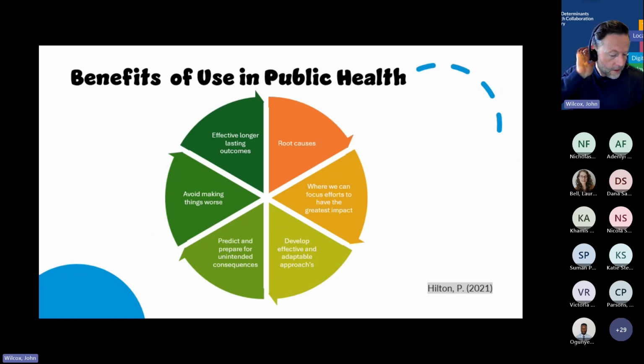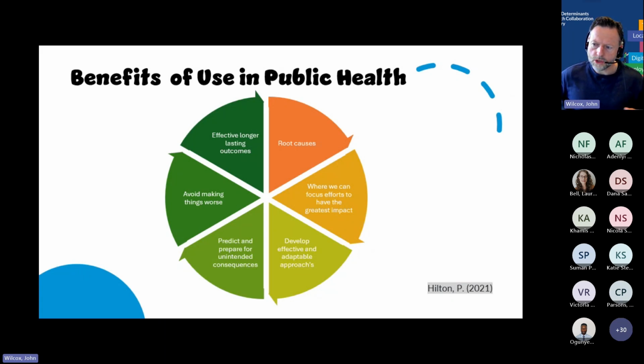This lists some of the benefits of taking a whole system approach. It can help us understand the root causes of a complex public health issue, particularly when we're taking a place-based approach. So thinking about, for example, mental health problems in young people, I've seen bodies of work, I think done in London, where they took whole system approaches to addressing that.